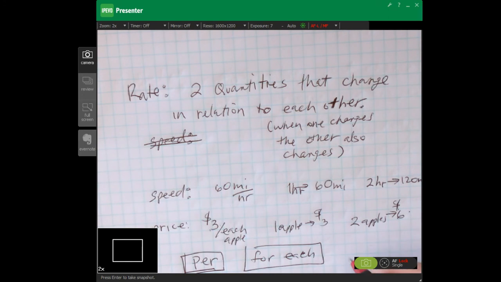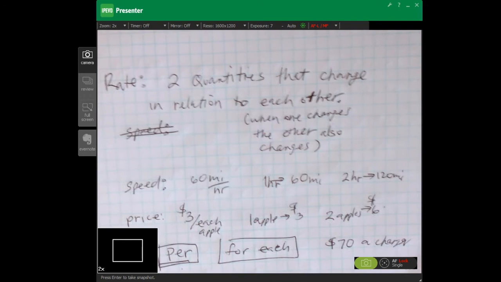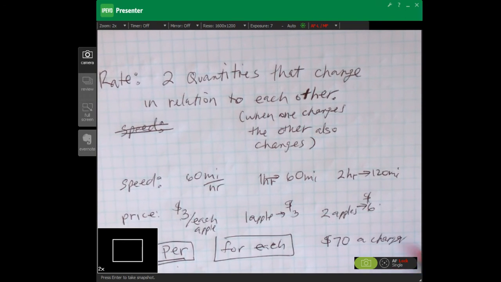So for instance, if we say something costs $70 for a charger, or like a battery pack, without me having to tell you that we're talking about one of these.